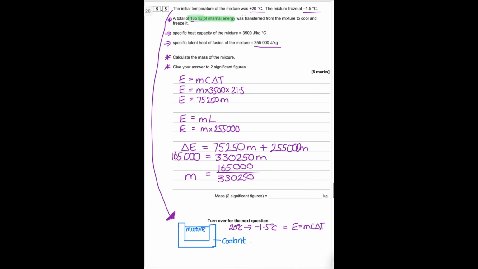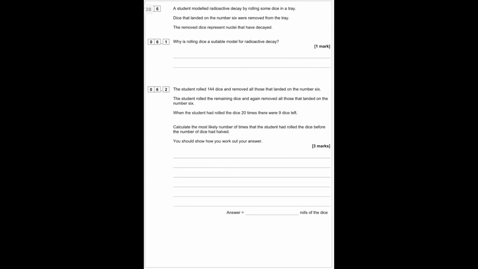So the mass will calculate out at 0.499 kilograms, and to get that last mark where we have to give our answer to two significant figures, because it's 0.499, that would be 0.50 kilograms.